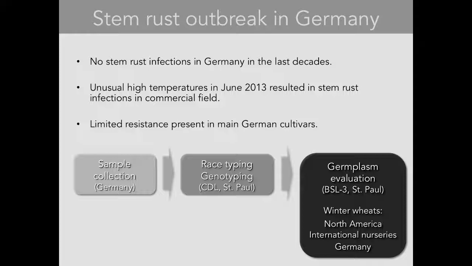And then after we identified the races, we performed germplasm evaluation, and in this case, including North American winter wheat from the International Nursery, and also today we just received 100 winter wheat and spring wheat German cultivars that will also be evaluated against the races that we identified.